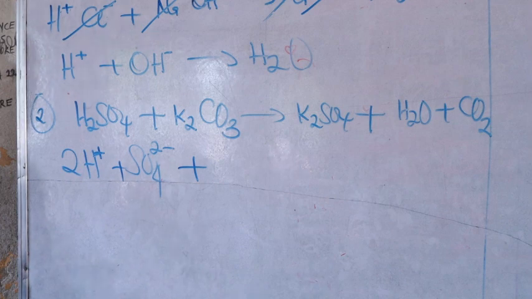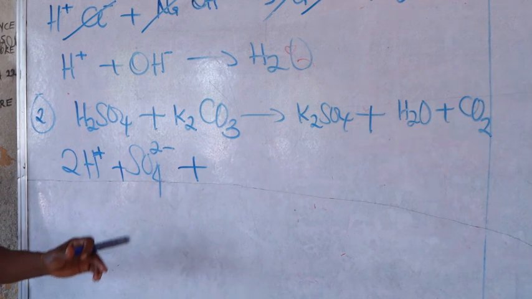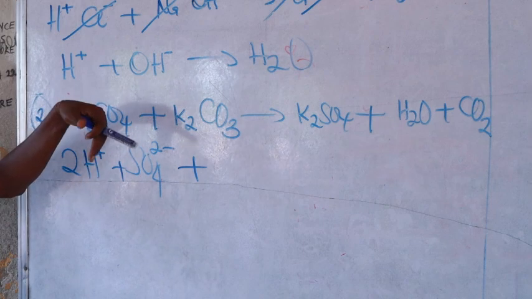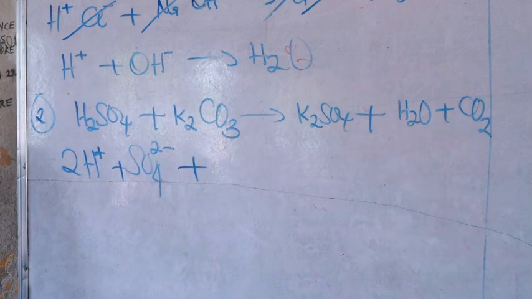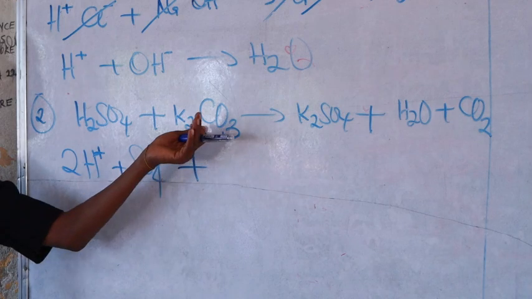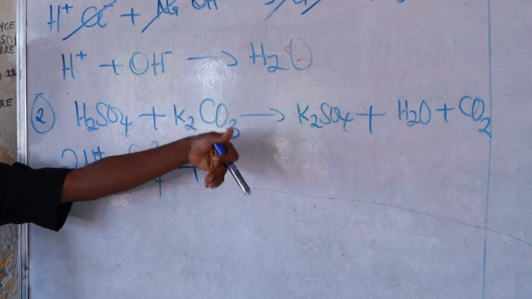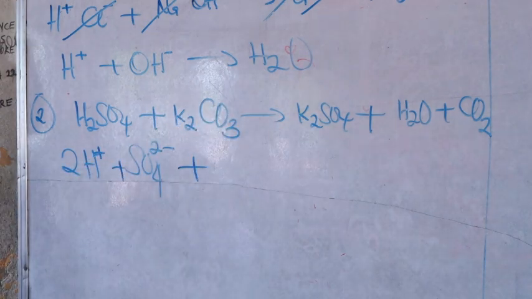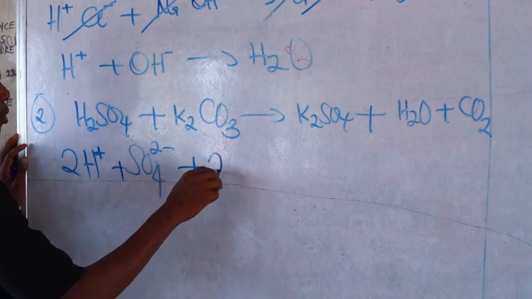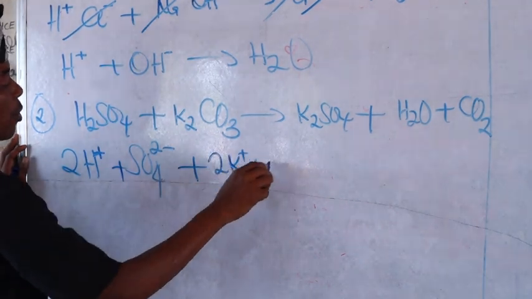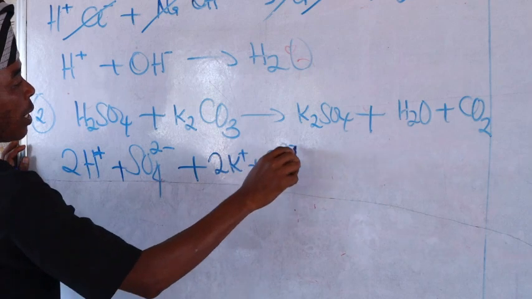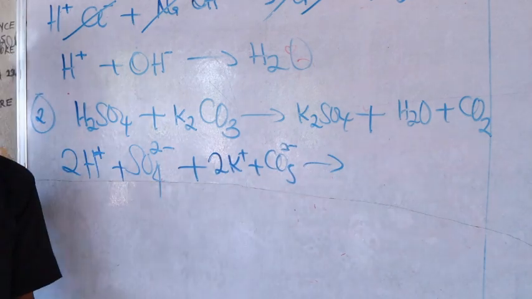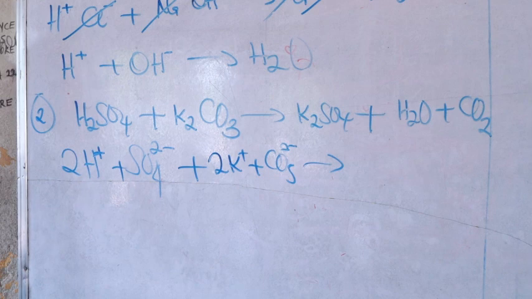If you don't remember this one, we have said that all trioxocarbonate and phosphate salts are insoluble in water, with the exception of those of potassium, sodium, and ammonium. So we can see that K2CO3 will dissociate, and it's an example of a strong electrolyte. So we are going to have 2K plus and CO3 2 minus. Then move on to the products at the right hand side.